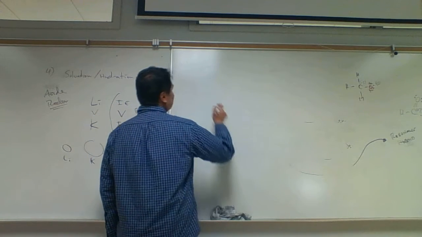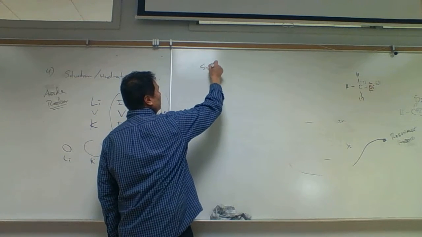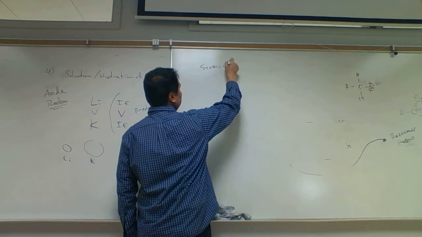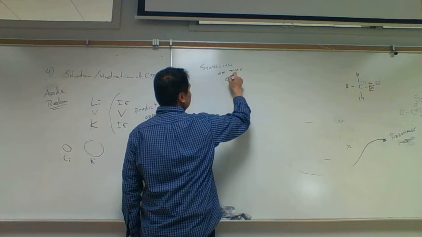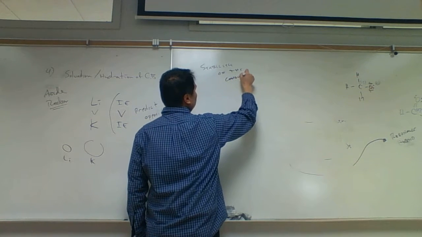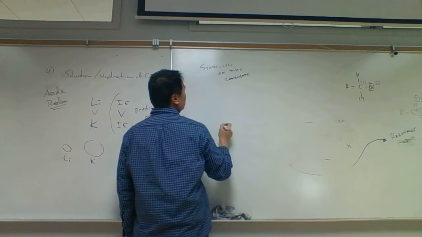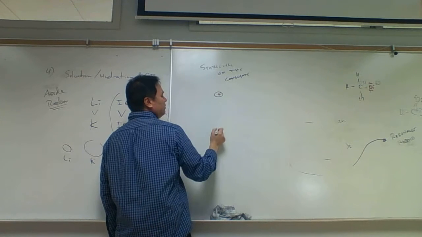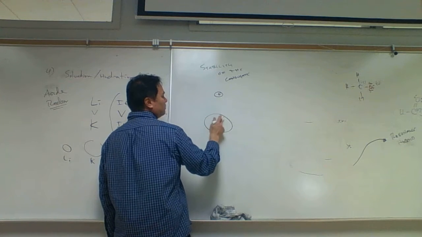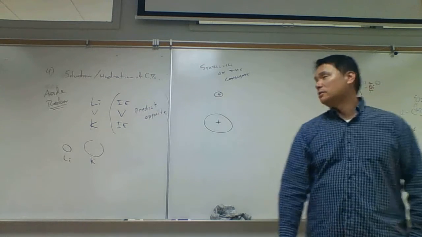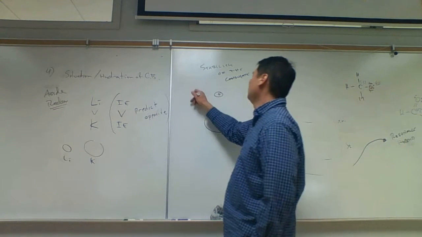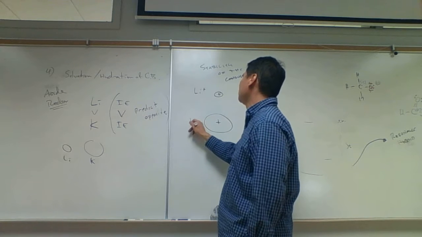Maybe it's stability of the conjugate. And so let's try stability of the conjugate. Now in this case it would be the conjugate oxidizer because we're looking at the reducer. And so that would be the lithium ion versus the potassium ion. Which one should be a stronger oxidizer? The lithium ion or the potassium ion?